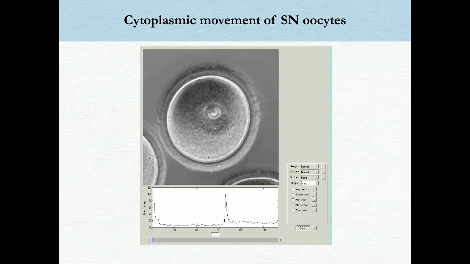The two main movement peaks occur right at the beginning of oocyte maturation, at the time of germinal vesicle breakdown and at the time of the extrusion of the first polar body.